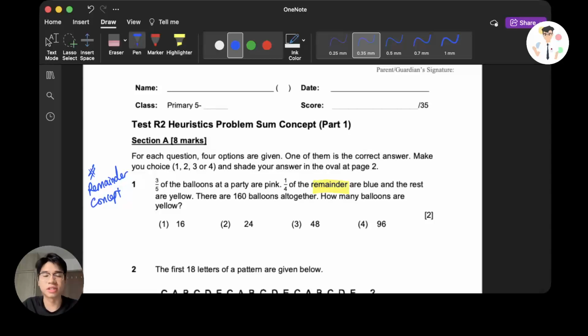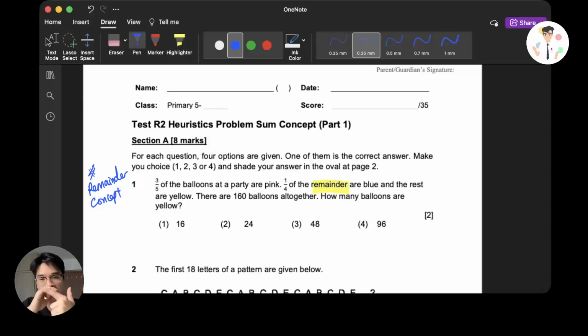But is it type 1, type 2 or type 3? Obviously you didn't see anything like something plus 3 more, something plus 4 more. That would be a type 3, a remainder concept with a little bit more. So this is definitely not a little bit more, and it is between type 1 or type 2. Type 1 gives you the value later, type 2 gives you the value first.